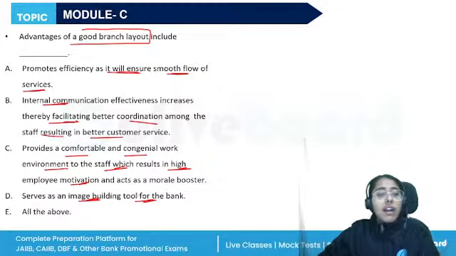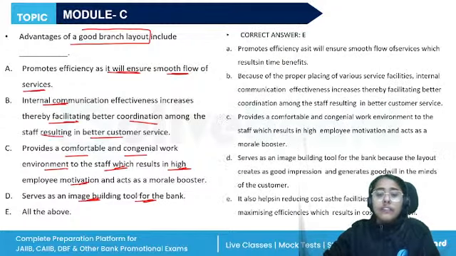So what are the advantages of a good branch layout? A good branch layout will include proper lighting, indications, and seating arrangement for the customers, and a waiting area. There should be amenities like drinking water facilities. So all of these are the advantages.